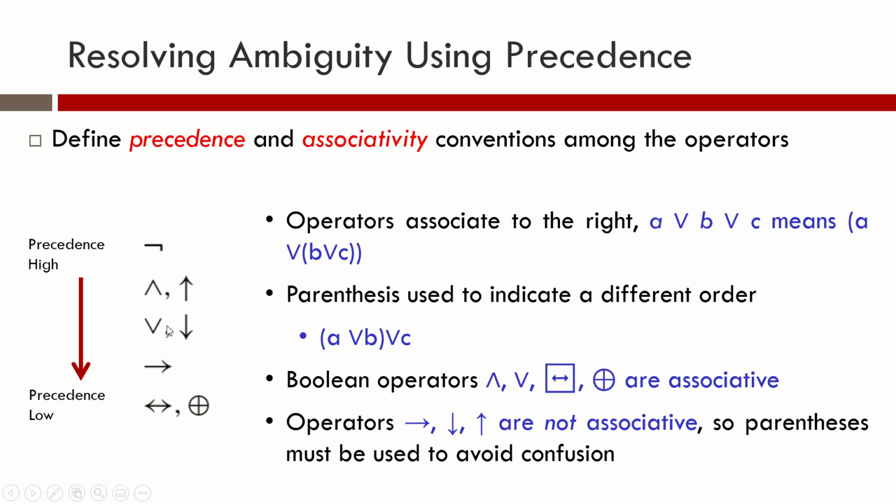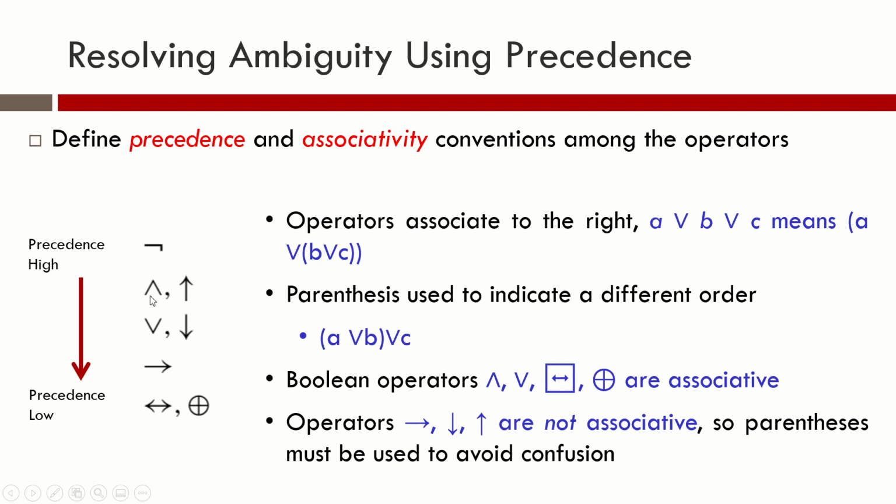Then we have disjunction and NOR operator. And finally, we have the implies operator, and then the least precedence will be for equivalence and XOR. The order of precedence is higher for negation and lower for equivalence and XOR.